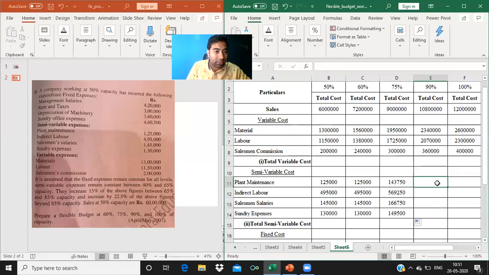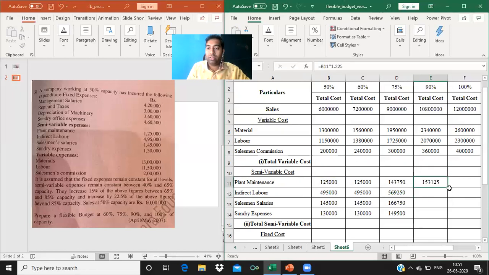Next, an increase of 22.5% of the above figures beyond 85% capacity. So more than 85%, the values are going to increase by 22.5%. On this value, 22.5% is increased.